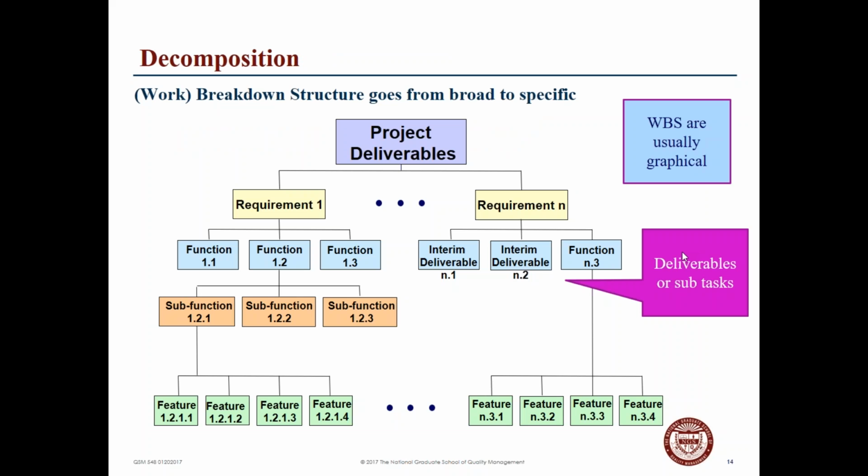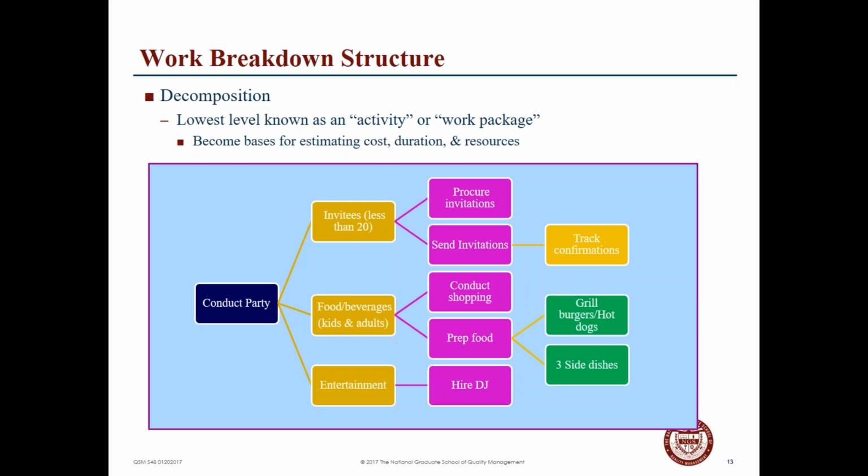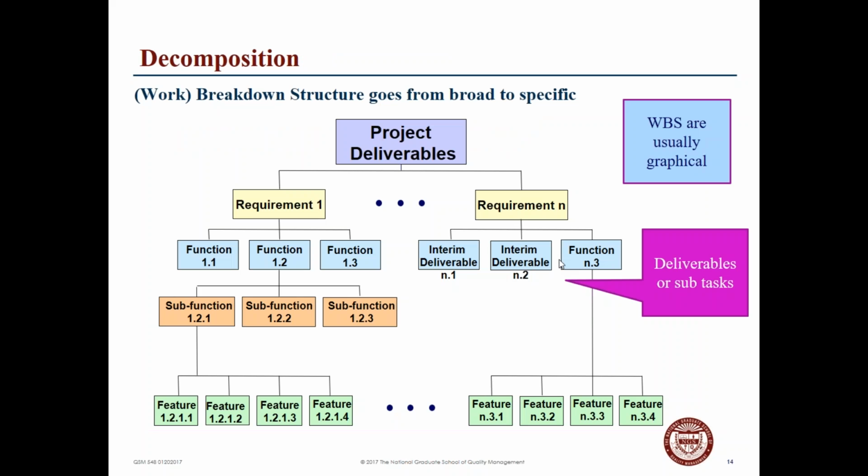Now, in this particular example we just had, this is pretty broad. Nowhere do we see procure invitations, write invitations, stamp invitations. We have procure, send, and then track. In this particular example, this WBS is a little bit more specific, and they tend to be very graphical.